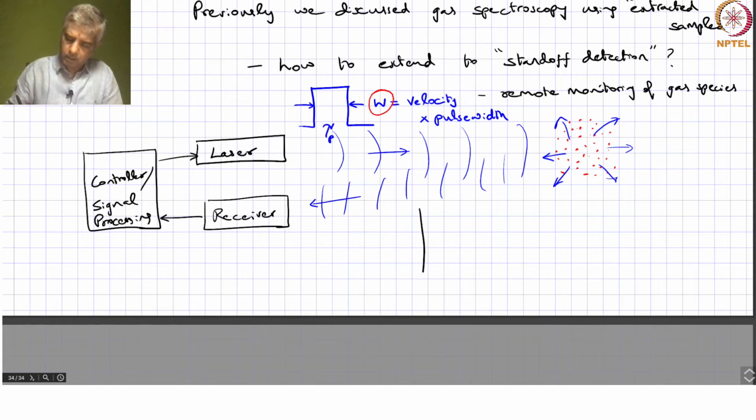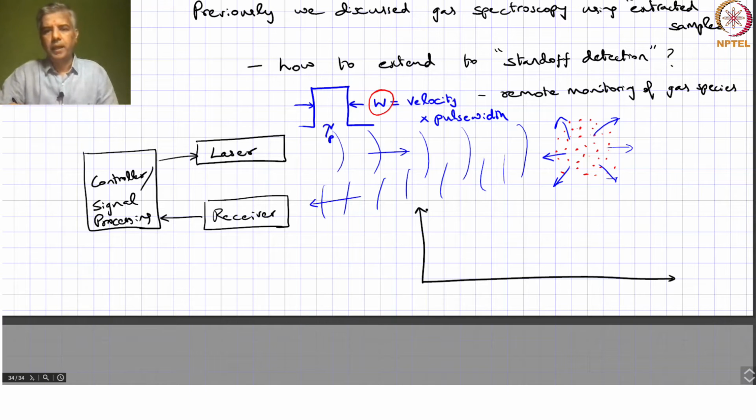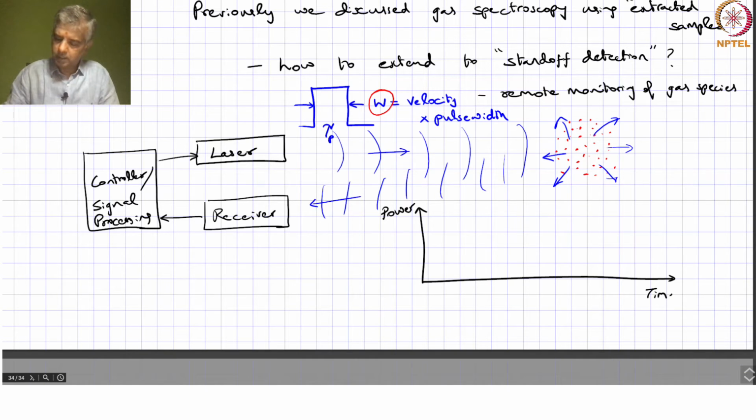If I'm sitting at the receiver and I am looking at the received power as a function of time, then what do I see?